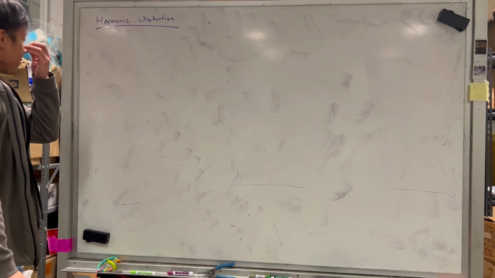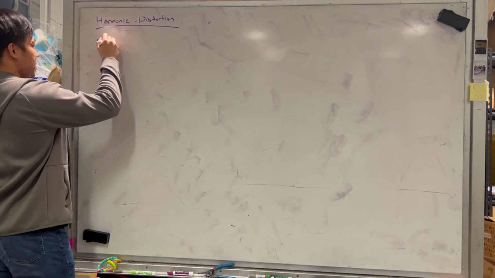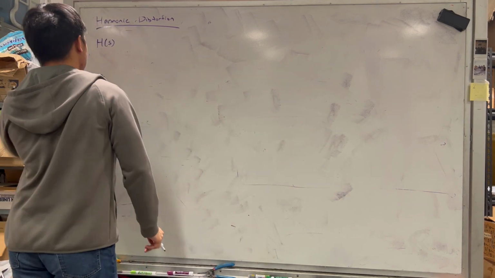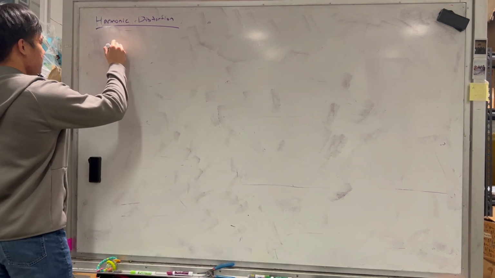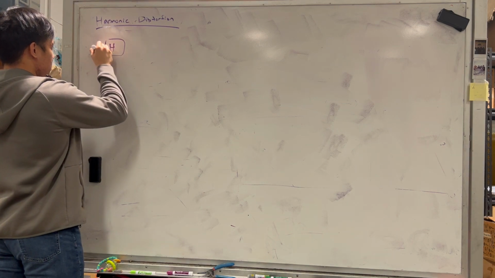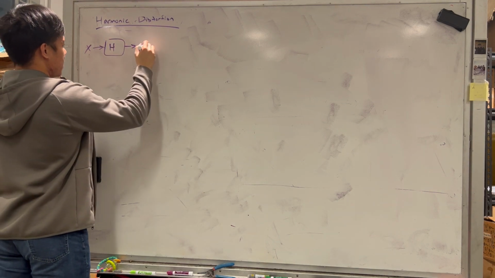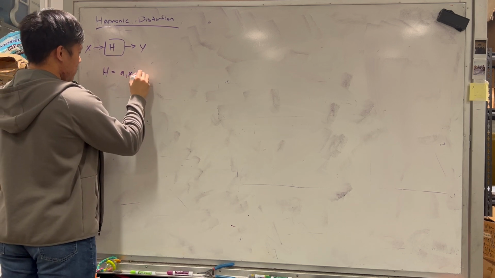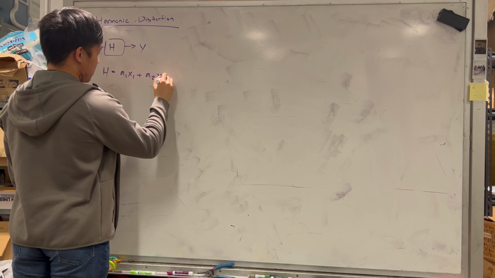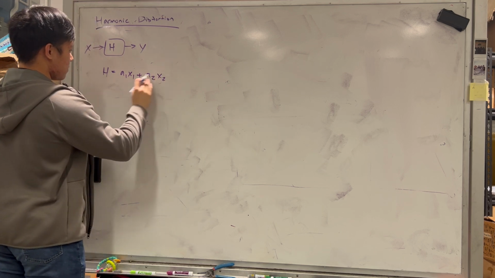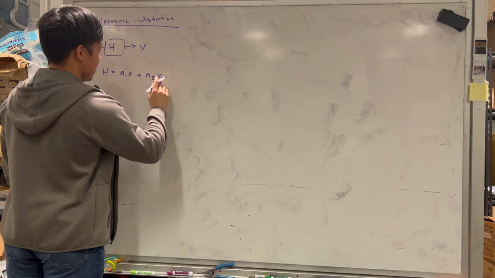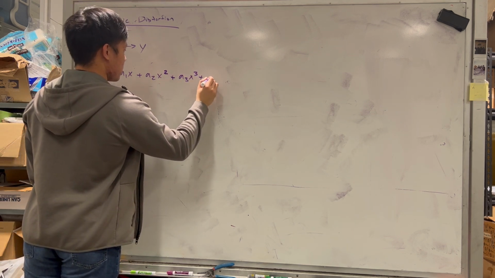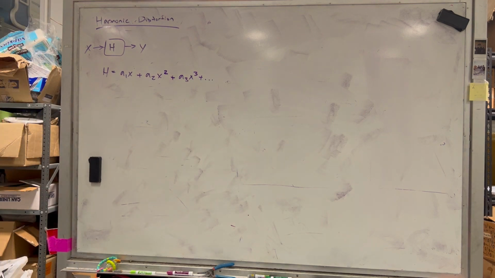If you have some type of system, I'll call it H, feed it X, you get Y. A system can be modeled as Y = A1 X + A2 X squared + A3 X cubed. Right? You guys remember this?